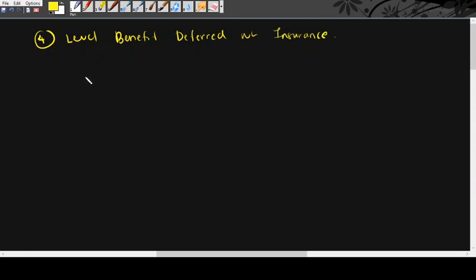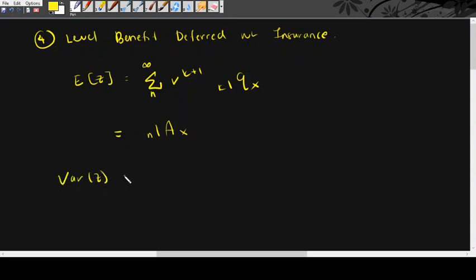So the expected value of z here will equal the summation from the deferral period until infinity of v to the power of k plus 1 times k given q_x. Its actuarial notation is n deferred A_x. The variance of z is 2 n deferred A_x minus n deferred A_x squared.